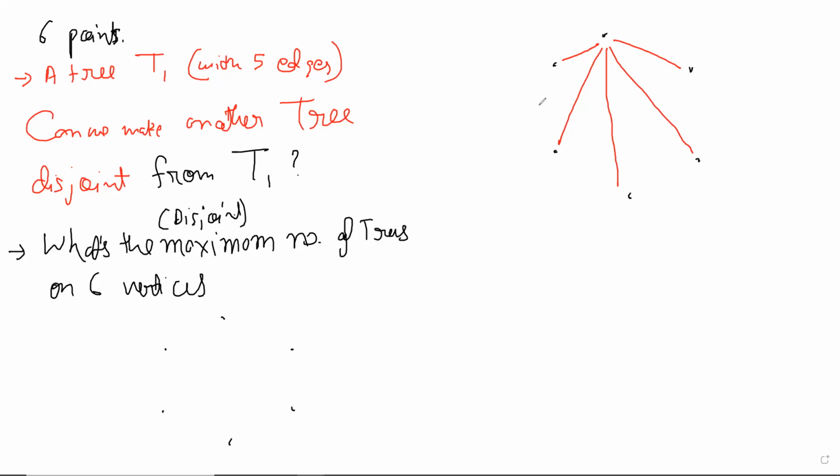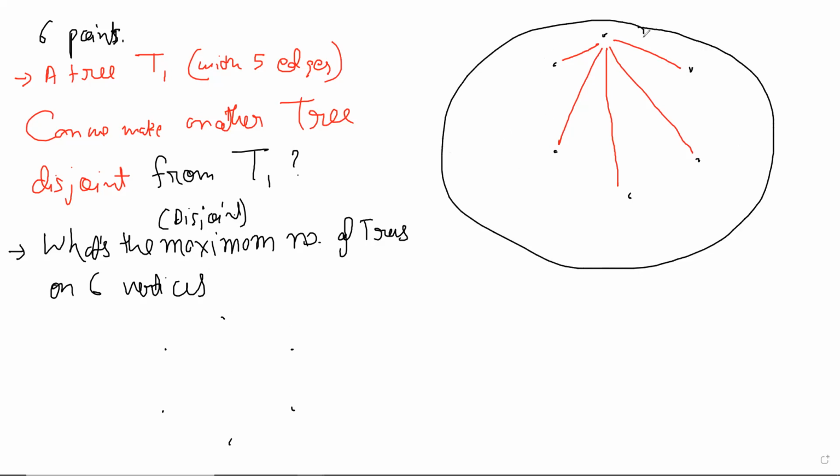That is one question. But currently, I'm just focusing on this smaller question where we have to just make yes on top of this. On top of this, can we make another tree? Certainly no. No, right? Yeah, actually we cannot.